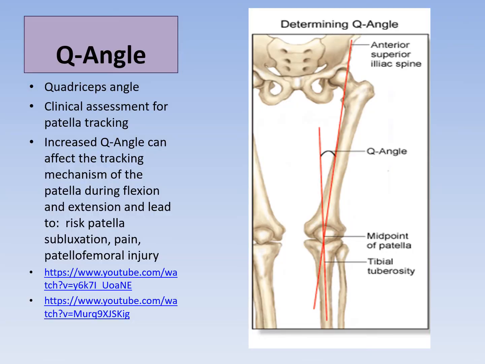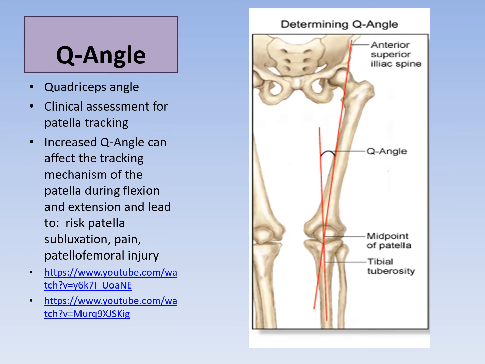The Q angle is the quadriceps angle, or the pull of the muscle, what that pull has on the patella. It is a clinical assessment that can be used to look at patella tracking, or looking at the potential for risk of subluxation or patellofemoral pain with flexion and extension of the knee.